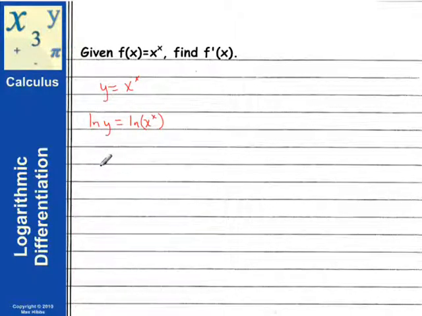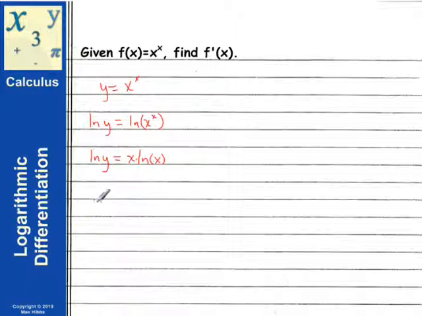Now, the third step is to simplify the right side using laws of logarithms. And so here we have an expression to a power. We can bring that power down as a factor in front. So we'll rewrite this as the natural log of y is equal to the power x that was a power here, now as a factor, times simply just the natural log of x to the power 1.